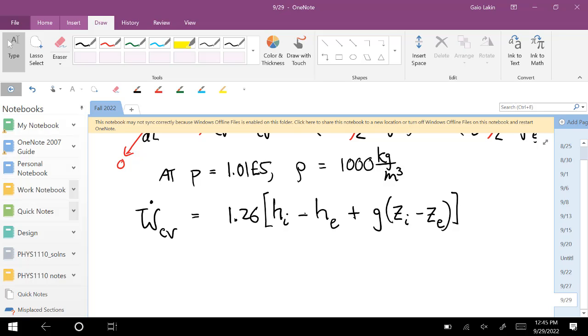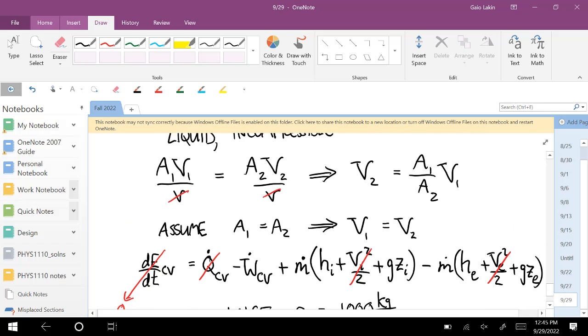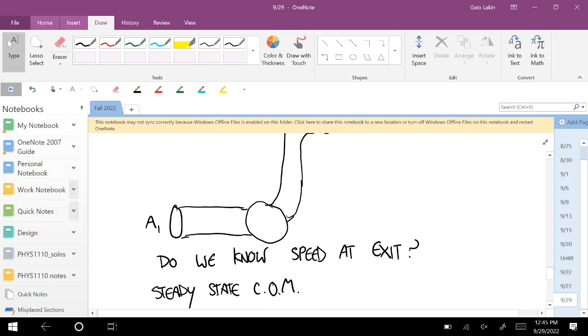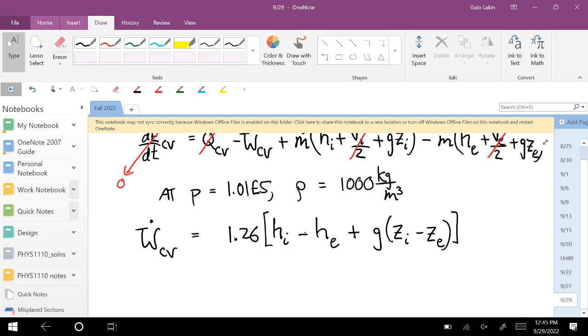All right, well, can we look up either of these two enthalpies? Well, we don't have to because with the pump, the pressure and the temperature are both the same. So you get the same enthalpy, so there's no change there. So those two cancel.